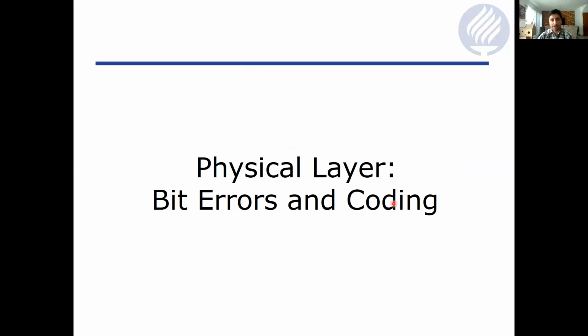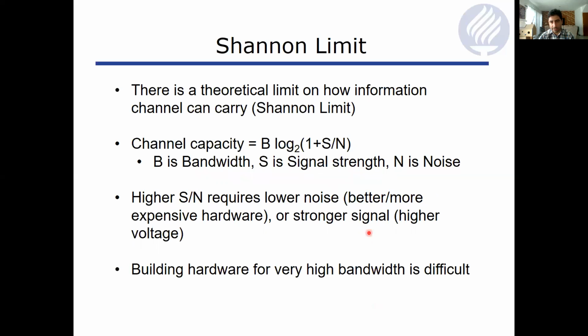But let's continue talking about errors and coding. A way to introduce some redundancy into the data is to protect yourself against bit errors. You remember we mentioned earlier that coding means adding some redundancy to our information in order to make sure that the data arrives at the destination correctly and can be read correctly.